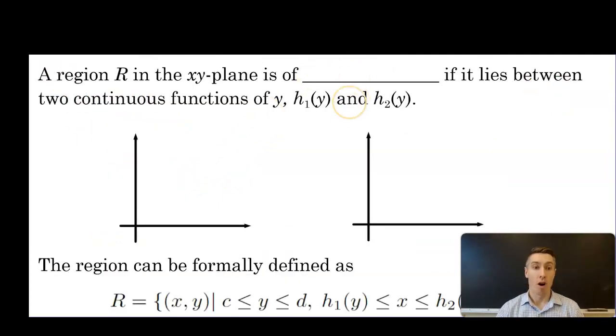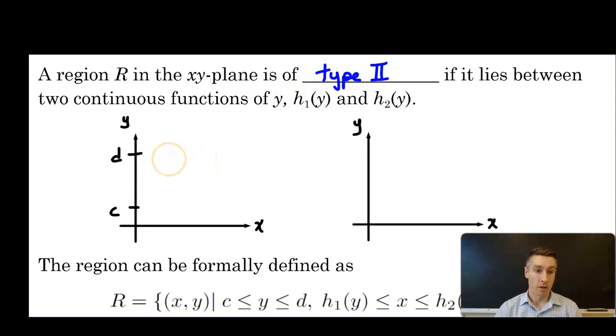So a region R in the xy plane is of type 2 if it lies between two continuous functions of y, h sub 1 of y and h sub 2 of y. So we'll draw two examples of a type 2, although there are plenty. So we're going to go from C to D now on the y-axis, and our functions are going to be in terms of y.